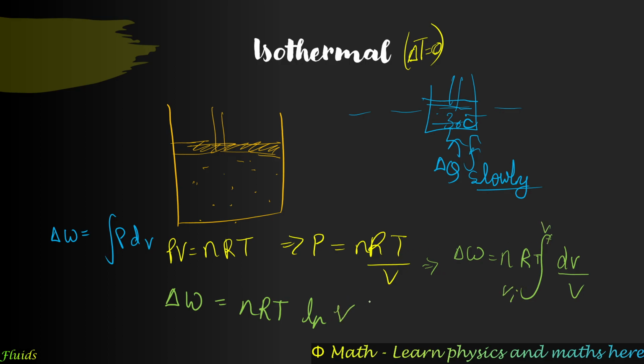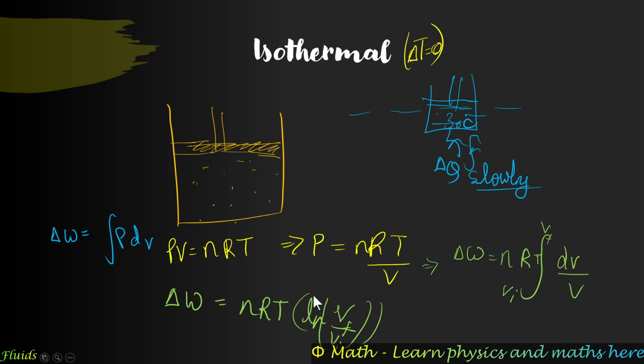So this is ln V final minus ln V initial. We know that ln A minus ln B is equal to ln A over B, so we can write it as ln V final over V initial.